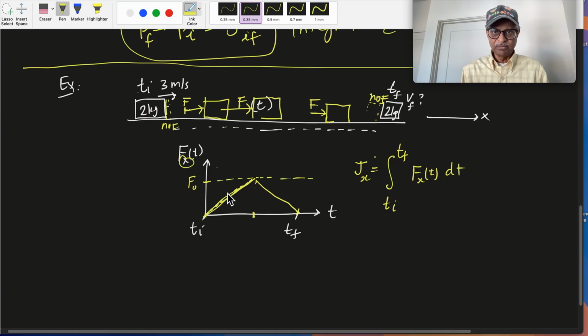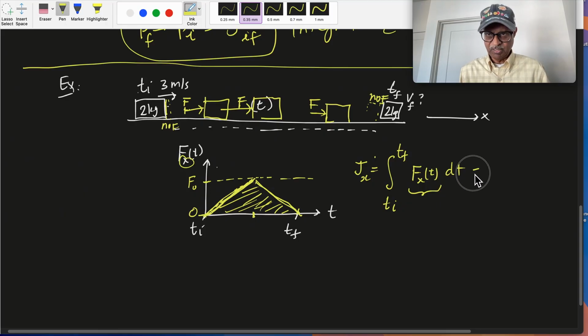Now you can do this integral by finding the curves and plugging in, or you can see that this is the area under this whole thing, and this is above 0, so the area is positive.